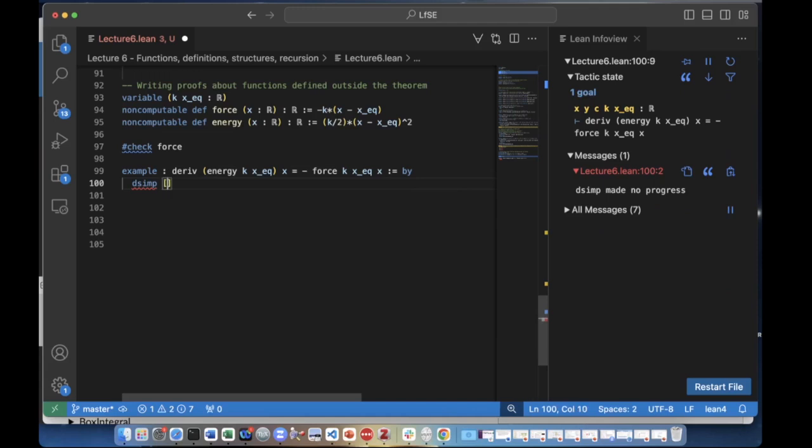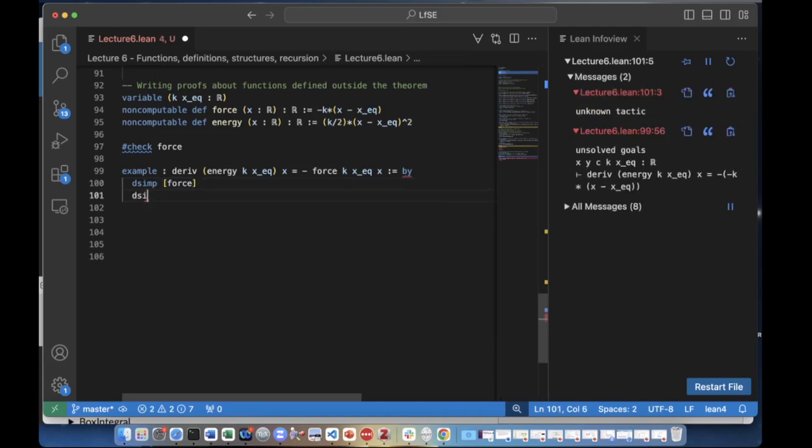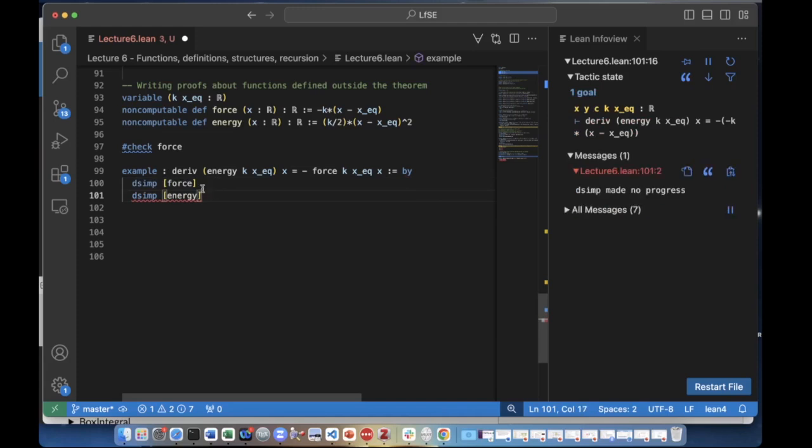Dsimp force. All right. And we have replaced the force part of this with that. Do we do dsimp of energy? Let's try it. Dsimp of energy. Oh, it's not working. Dsimp made no progress. Well, that's because energy is embedded inside of this deriv. It's not able to do that.